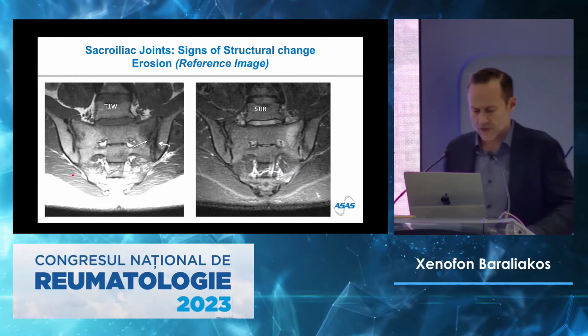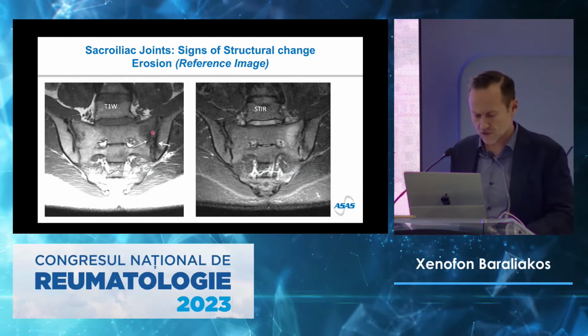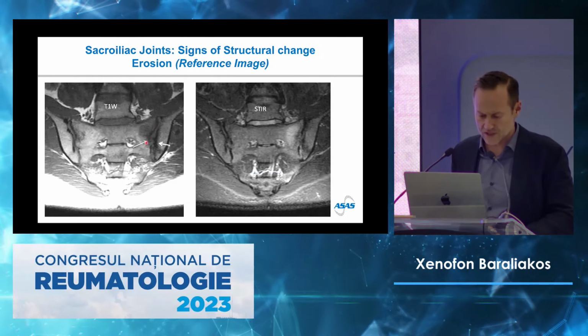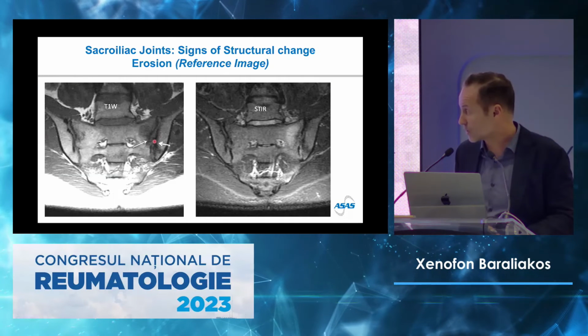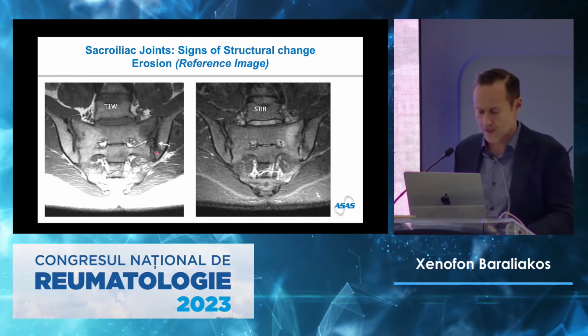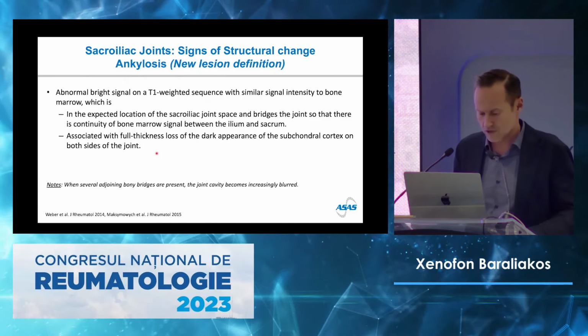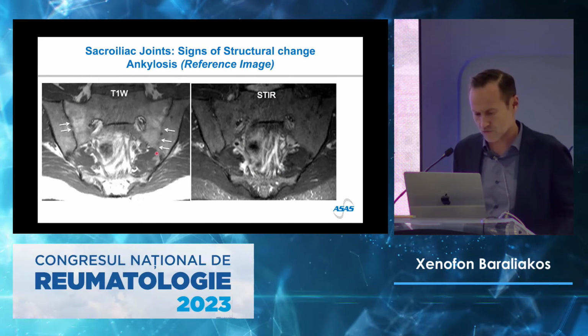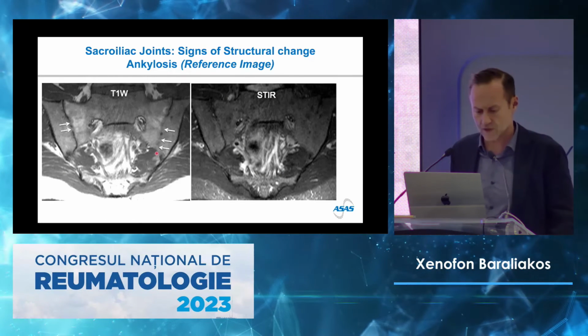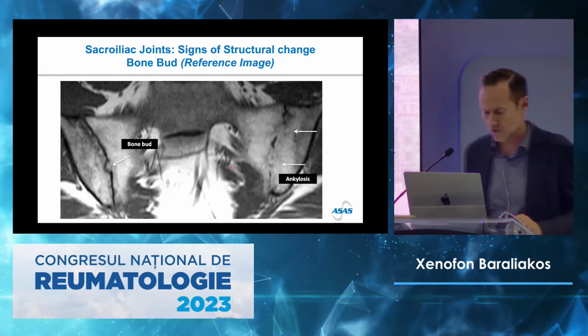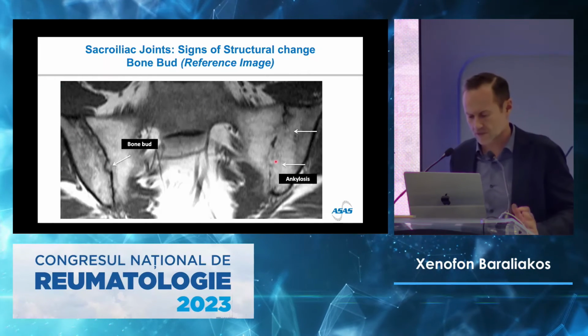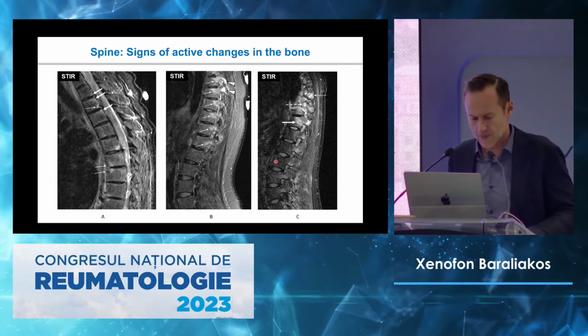And the erosions are the typical structural changes where the cartilage is disrupted, or like this one. I don't know how well you can see that on the bright screen. But the cartilage disruption is the typical erosion. Of course, you may also see ankylosis or bone buds like this one or here. That's, I think, easy for everyone.